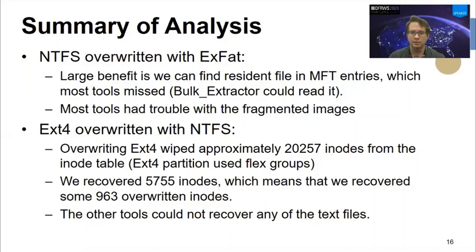This ext4 partition was using flex groups, so essentially all of the inodes were in the first block group in a very large inode table. The majority of these inodes in the inode table were just overwritten. But recall, we recovered 5,755 inodes, which means that we recovered some 963 overwritten inodes, which we found to be a pretty interesting result.